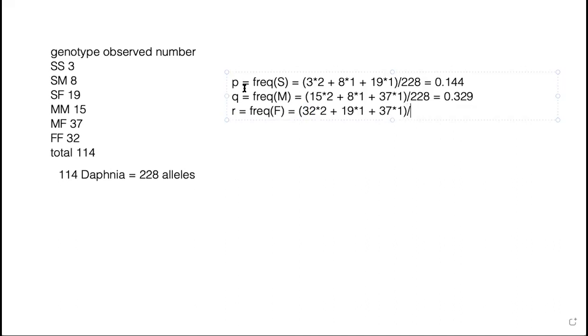And we divide that all by the total number of alleles in the population. And that is 2 times 32 plus 19 times 1 plus 37 times 1. That's 120 divided by 228. And I get 0.526.